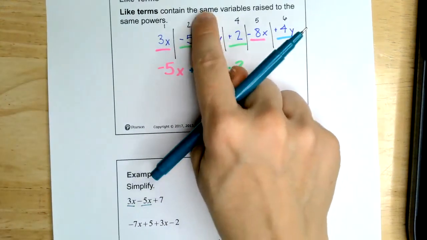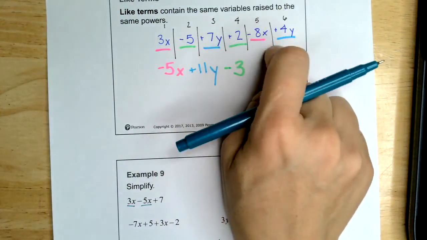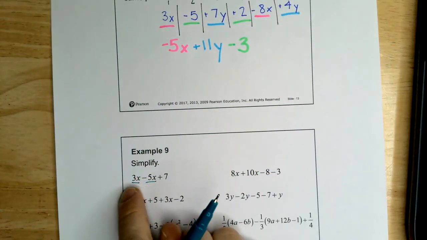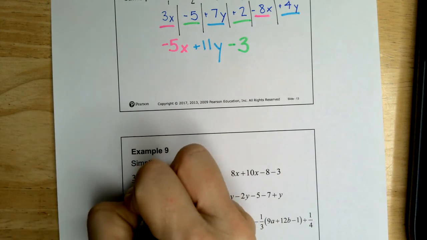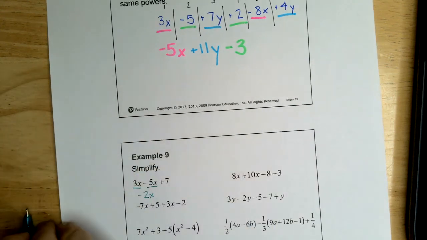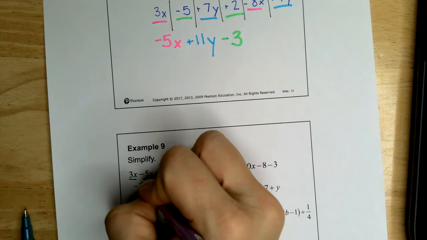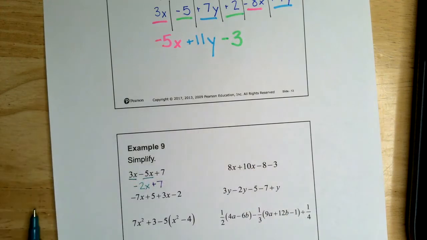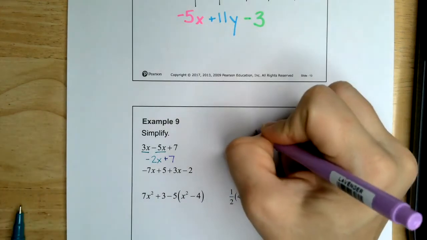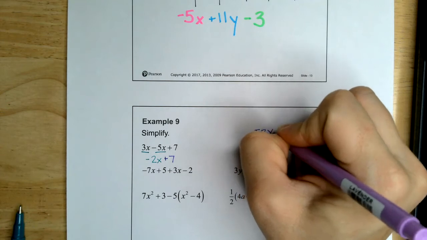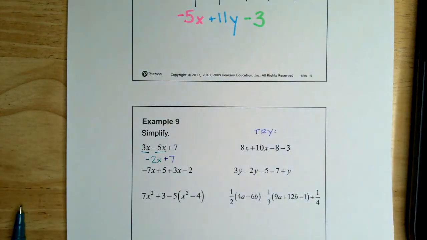Remember, I separated each term before the sign. So this is a negative 5. 3x minus 5x is a negative 2x. And then the 7 does not combine with any. That's as much as I can simplify it. Pause the video, try this one, see if you get what I get, okay?